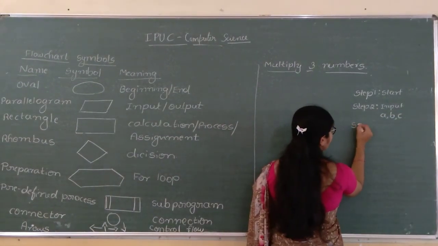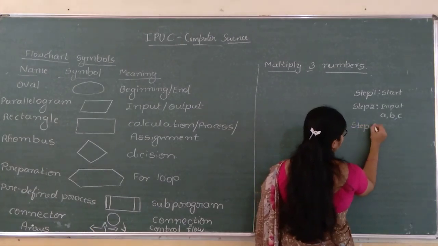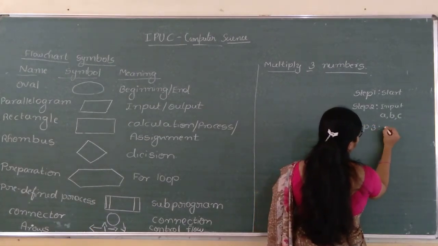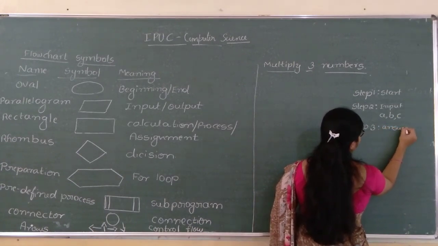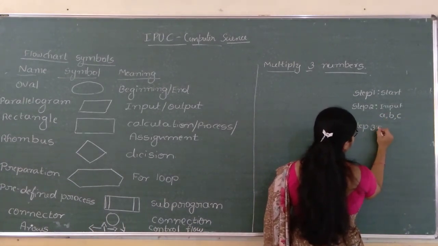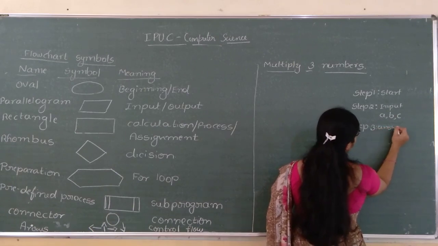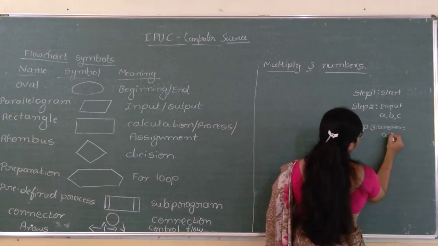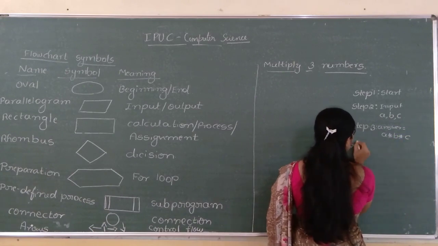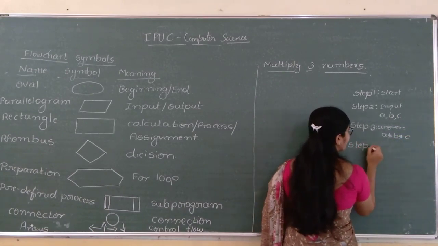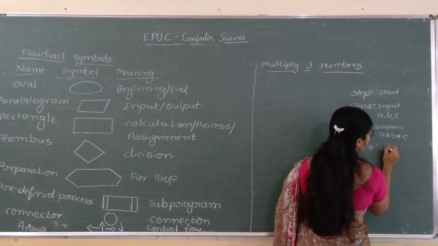Next, step 3, that is calculation. Answer is equal to A into B into C. Step 4, display answer.